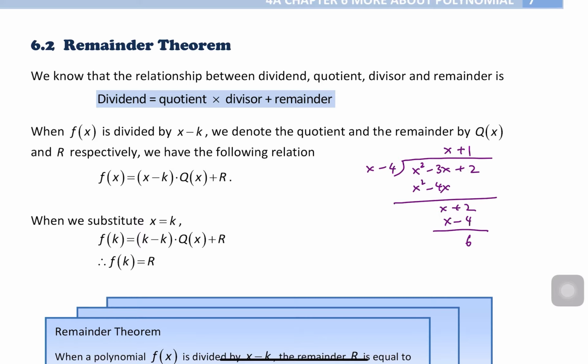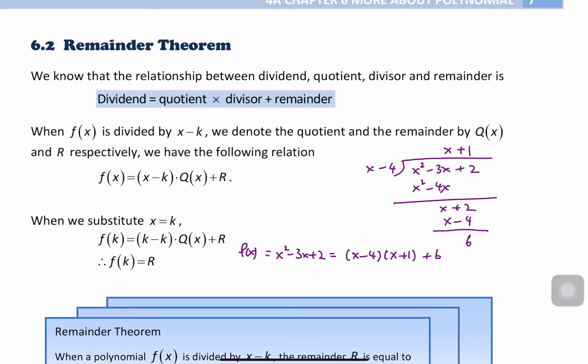The shortcut method is related to the relationship: dividend is equal to divisor times quotient plus remainder. If I call the dividend f of x, I want to find what's the value of x such that f of x is equal to the remainder.